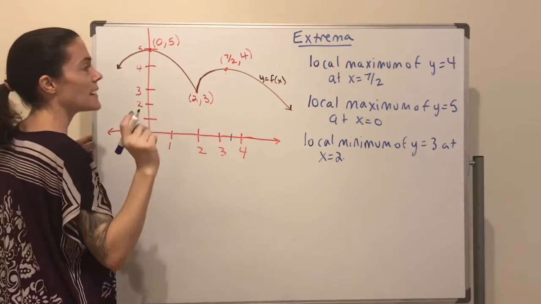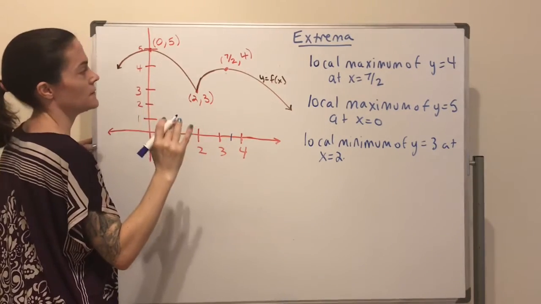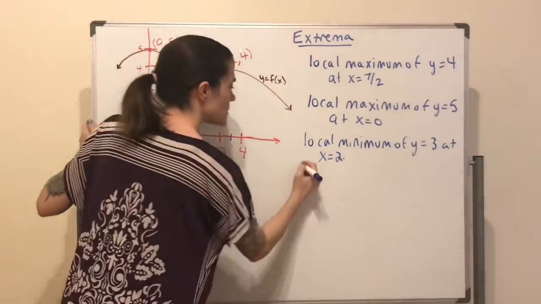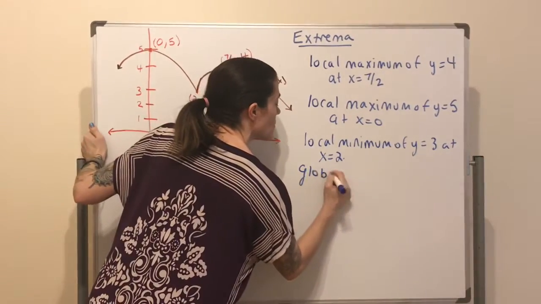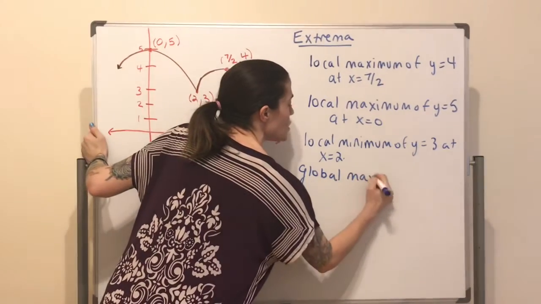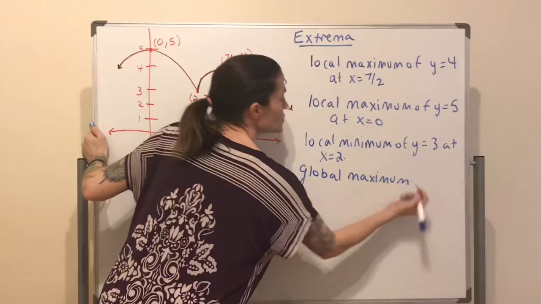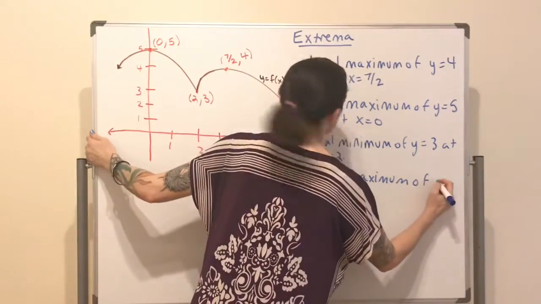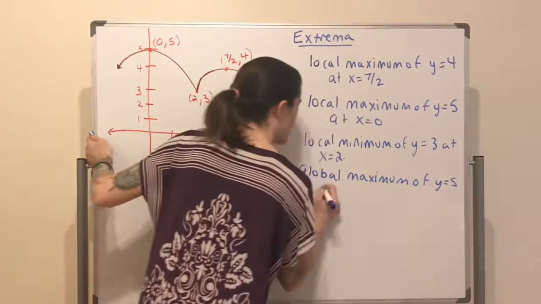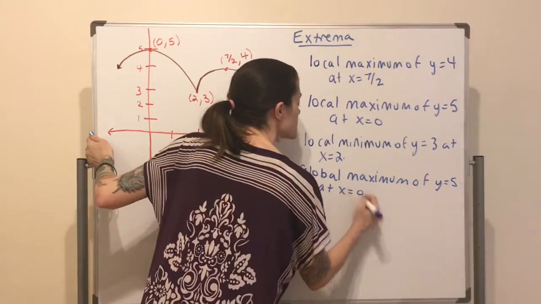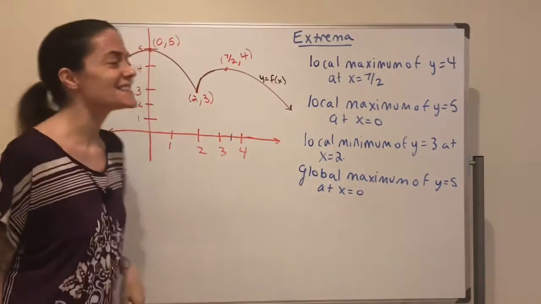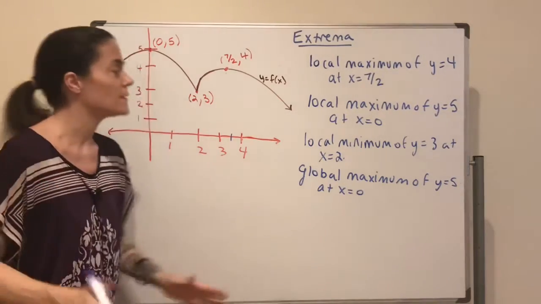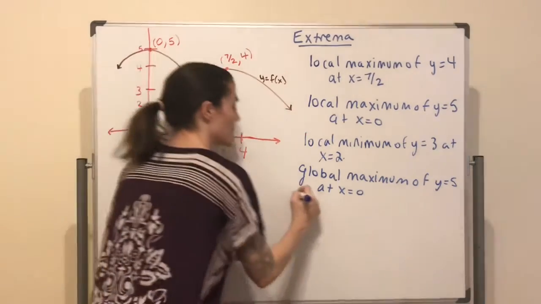So we only have one global max. You will also see absolute maximum for a global, and this is y equals 5 at x equals 0, and we have no global minimum.